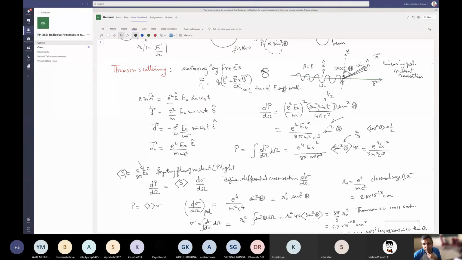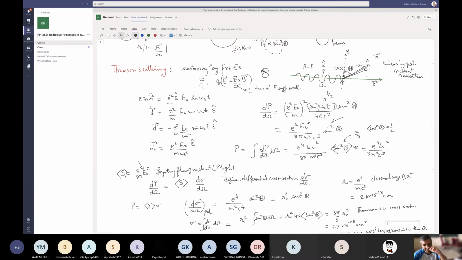If you have radiation which is, say, 10 times higher frequency, the fraction of light that you get in this direction will be the same in the two cases. You get it?